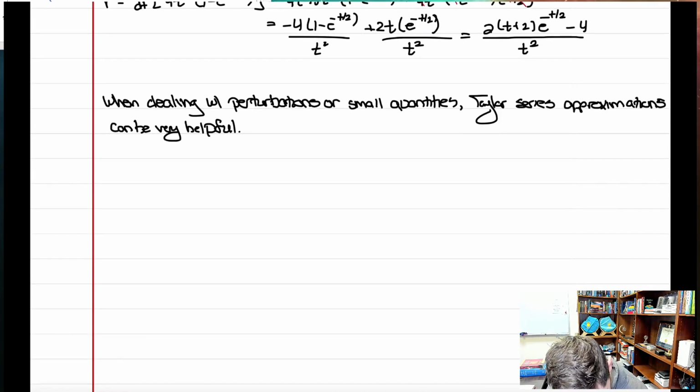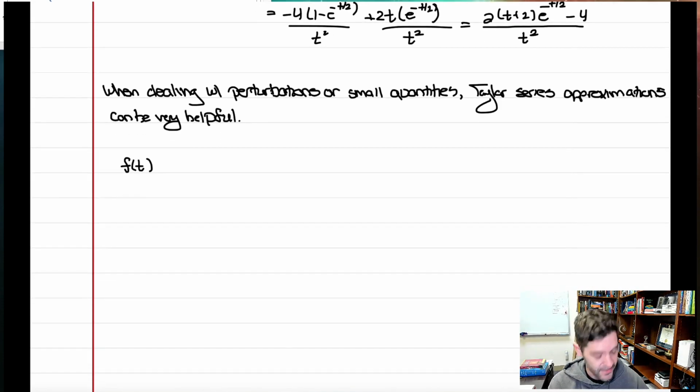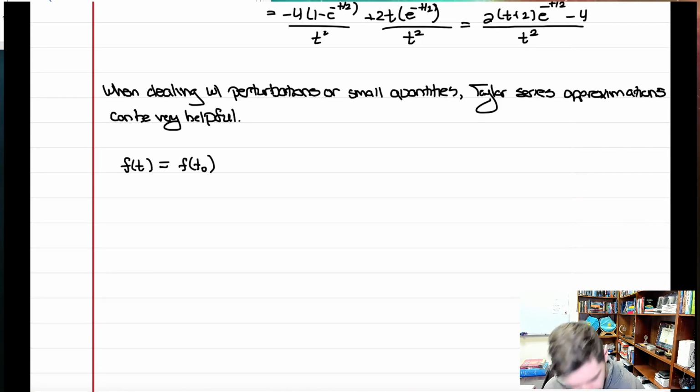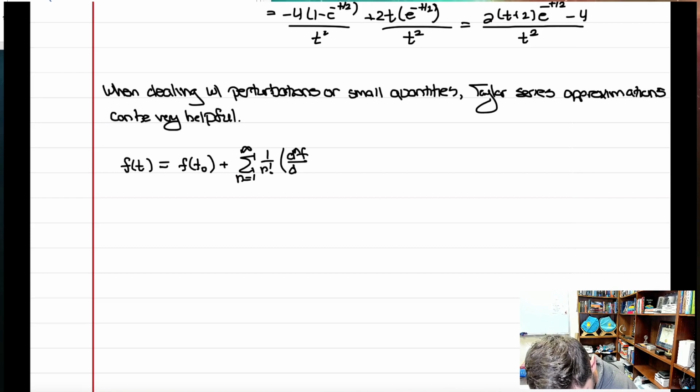So let's remind ourselves of the original expression. F of t can be written as a polynomial about some central point t naught plus, and then there are the Taylor series terms: the sum as n goes from 1 to infinity of 1 over n factorial, the nth derivative of that function evaluated at t naught, so that's just a number, and then, oops, not x, then t minus t naught.